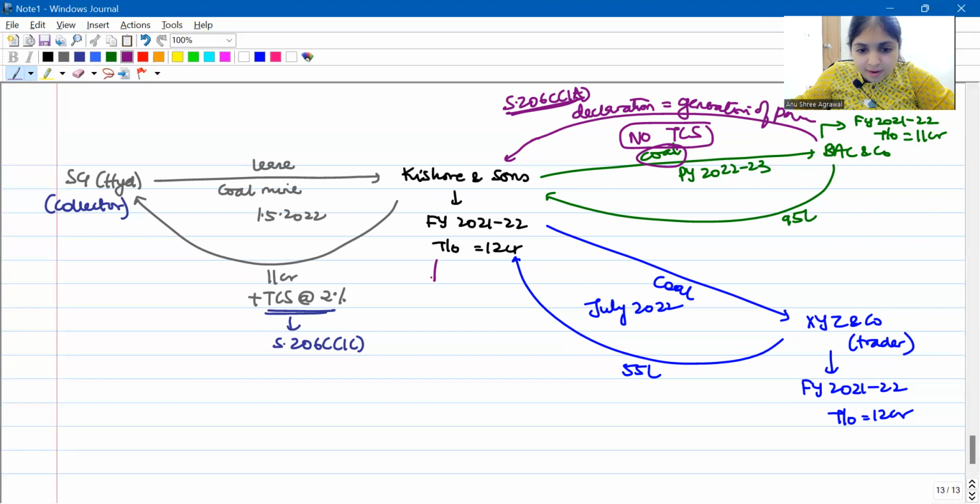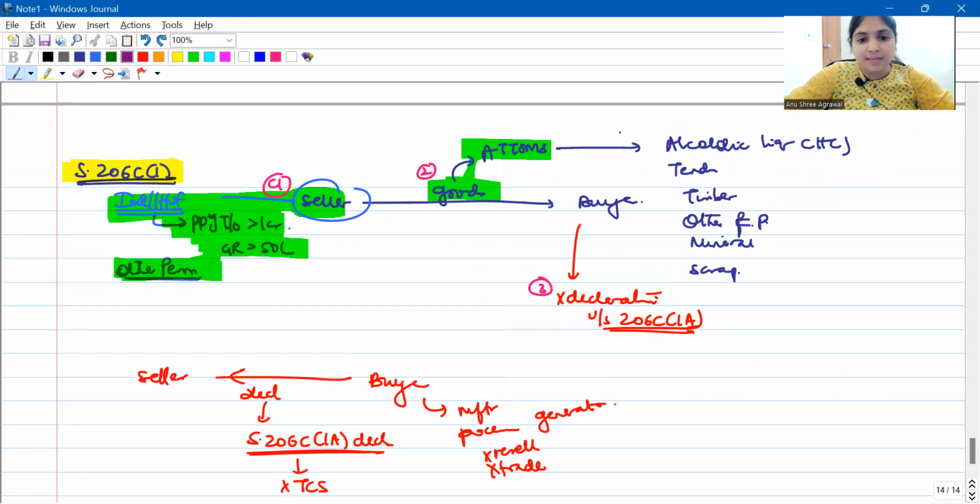Kishore and Sons will collect tax under 206C1. For minerals and all, 1% they will collect tax. But then here Kishore and Sons will not collect tax at all, neither under 206C1 nor under 206C1H. From BAC & Co, they will not collect tax at all because BAC & Co has given declaration.